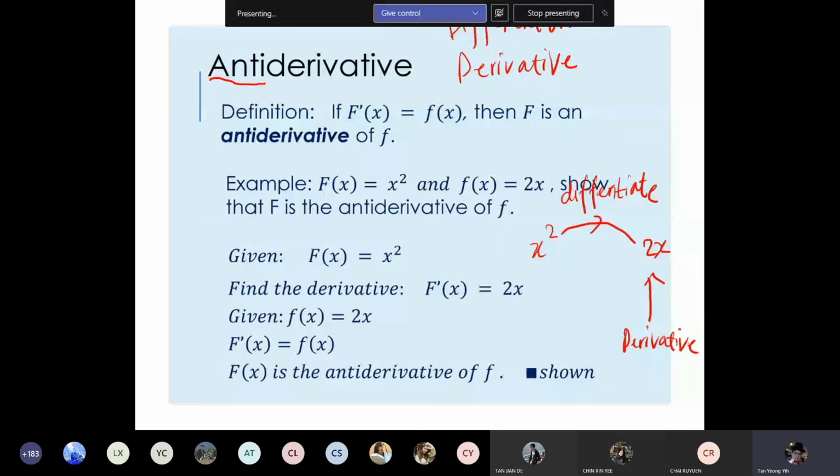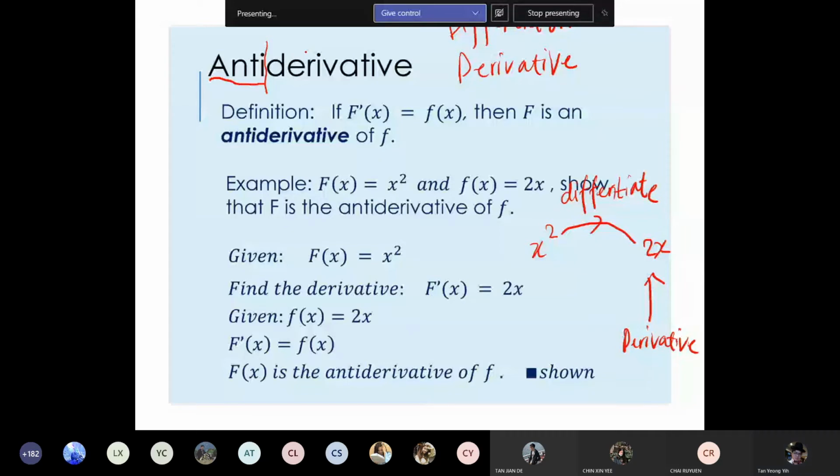Okay, right. Thank you. Now, antiderivative. You know the word anti, what's the meaning of anti? It means something like a reverse. So antiderivative means the reverse of derivative.